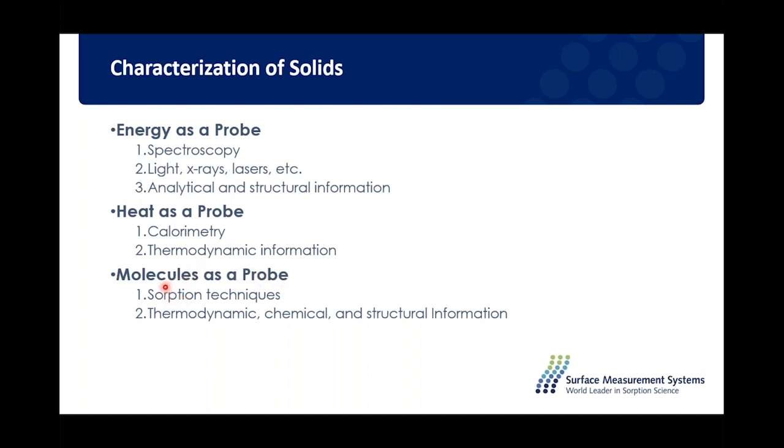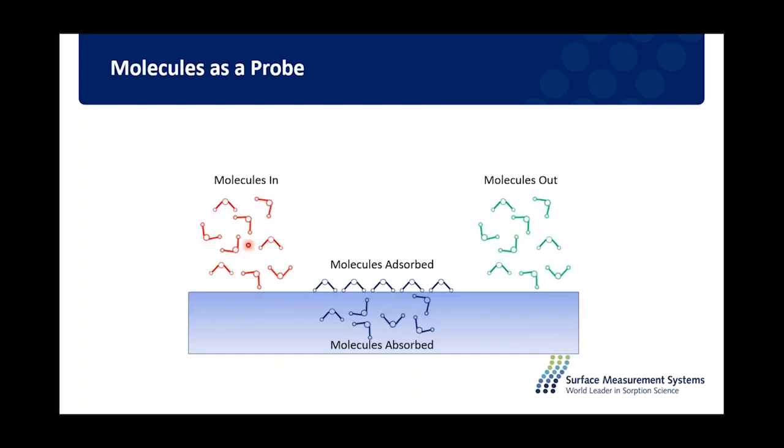So we use how a molecule, like the water molecule in the previous DVS presentation, interacts with a material. We can use a range of different molecules, and how these molecules interact with the material can tell us how they adsorb, which is just looking at the surface, how they absorb, which is getting into the bulk, or even, as in the previous presentation, how they may induce some sort of chemical or structural change, whether it be crystallization, phase change, swelling, glass transitions, all sorts of things.